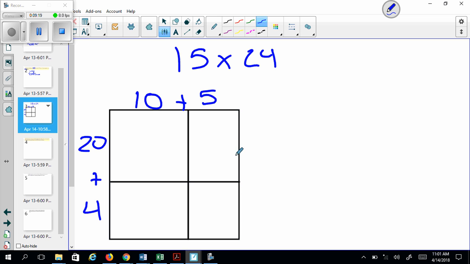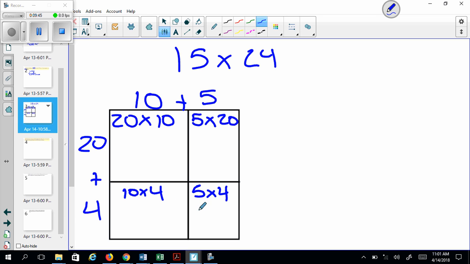And 20 is also over here. So we put down our expressions, which here would be 20 times 10. Here we have a 5, so we're multiplying that by 20. We have 4 here being multiplied by 10. And then we have 5 times 4. We're using this and this.